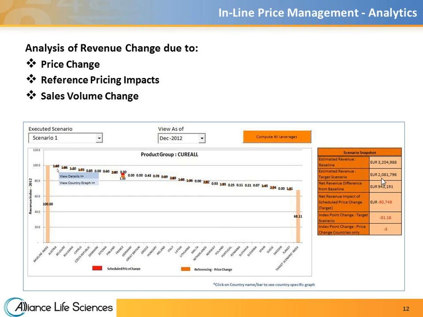It's not very clear here, but when you have a full view of this graph, it also breaks down each country and gives you how much of that change the country is contributing as a result of a price change that is happening to that country, which is a policy-initiated price change, versus how much of it is a reference price-induced change.